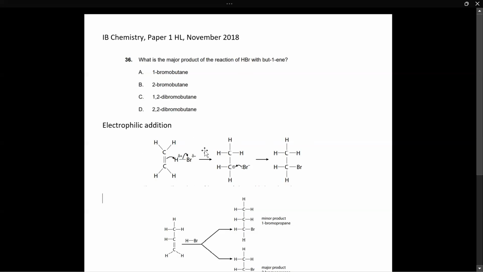Now we all know that hydrogen bromide is a very polar substance, right? Because bromine has a high electronegativity, and hydrogen's electronegativity is not as high as that. So it's polar, which gives bromine a partial negative charge and hydrogen a partial positive charge. So the dipole is going towards bromine. There's a slight negative charge around bromine and a slight positive charge around hydrogen.